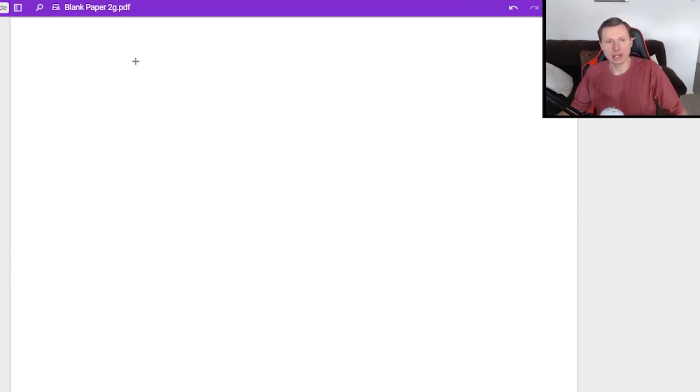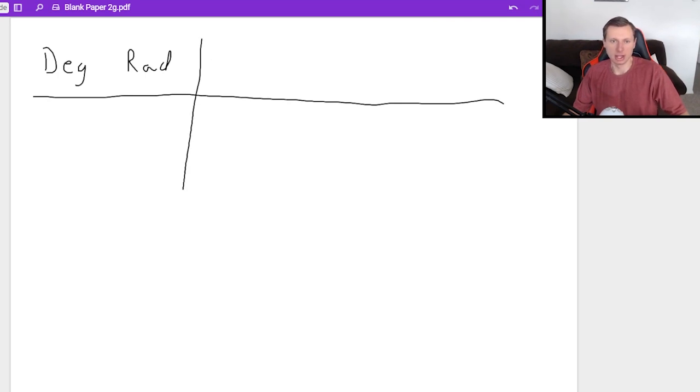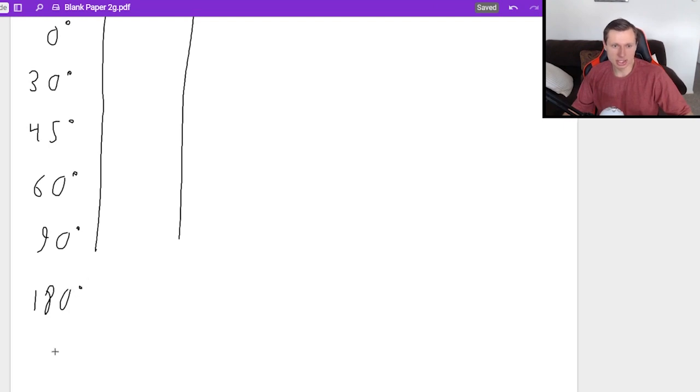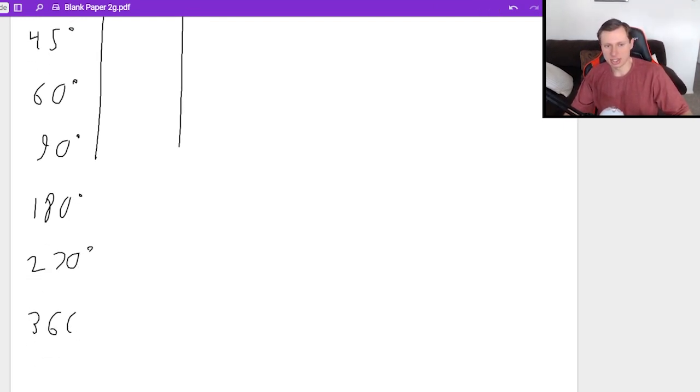So now let's make a table, and make this a big table because we are going to be filling in the rest of this with more stuff later on. But for now, I just want to make a table of degrees and radians. So we have 0 degrees, 30 degrees, 45 degrees, 60 degrees, 90 degrees, 180 degrees, 270 degrees, and last but not least, 360 degrees.